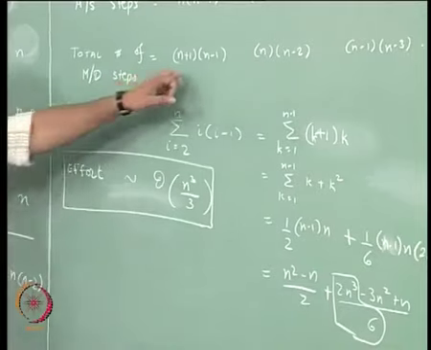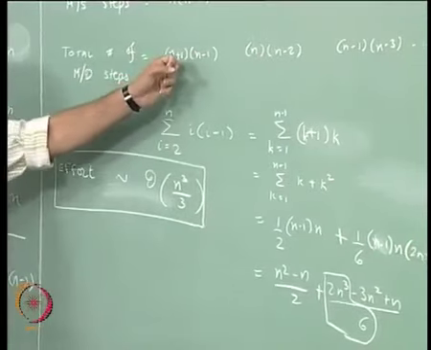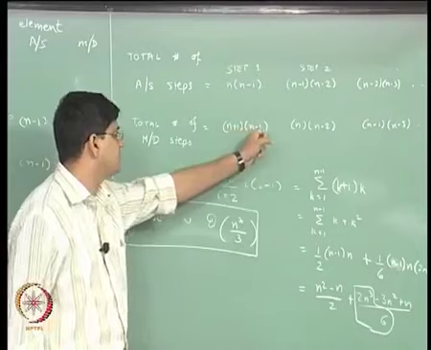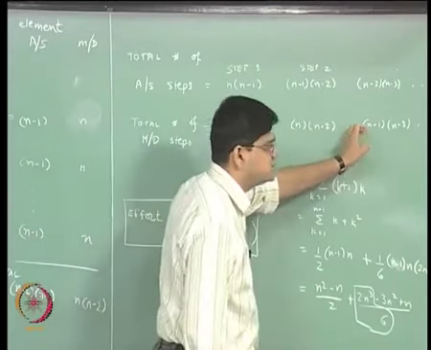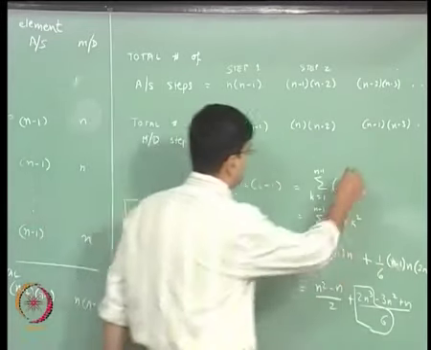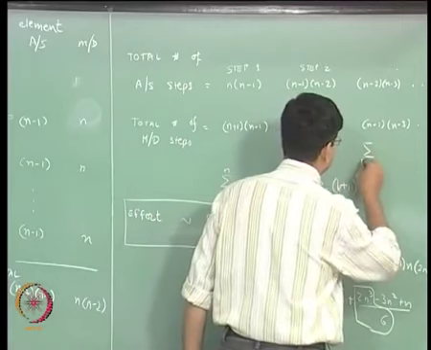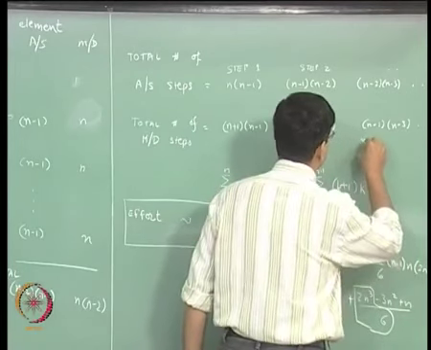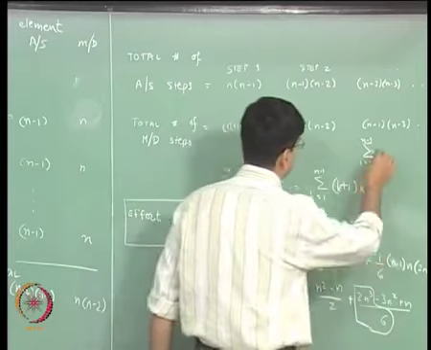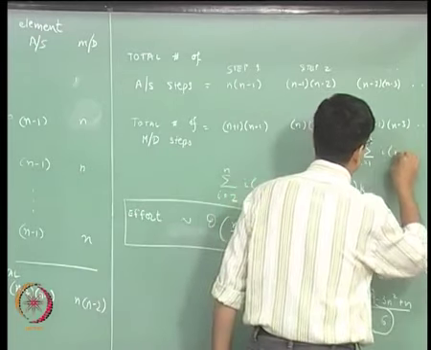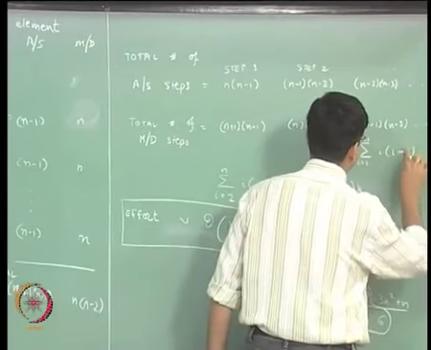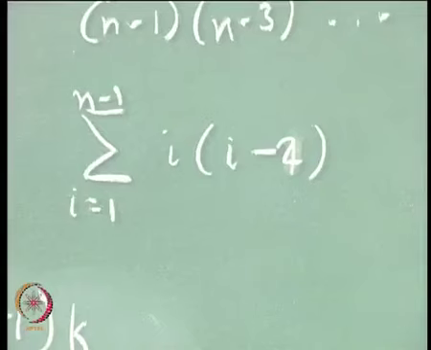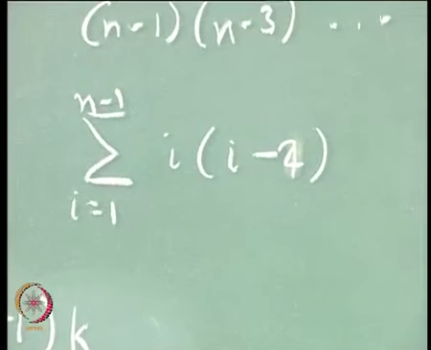And the total number of multiplication division steps is n minus 1 times n plus 1, multiplied by n minus 1 times n, multiplied by n minus 2, and so on, which we can write as the summation I equal to 1 to n minus 1 of I multiplied by I plus 2.